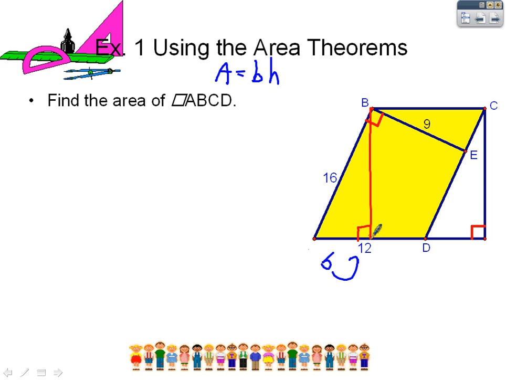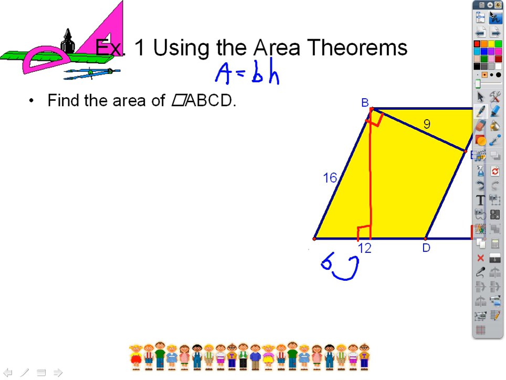How about if we put AB, that's supposed to be an A right there, AB on the bottom? Make that the base. All right, what's going to happen if we do that? Let's see what we get.